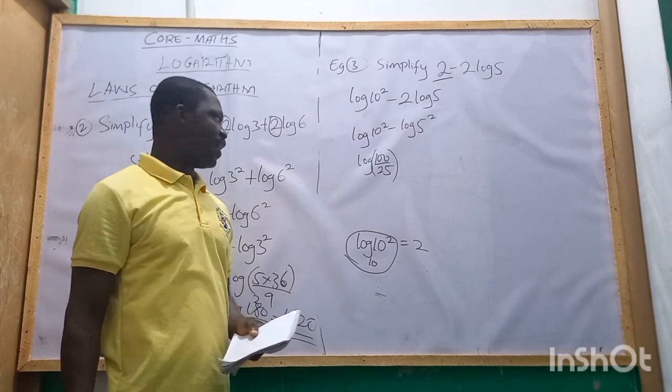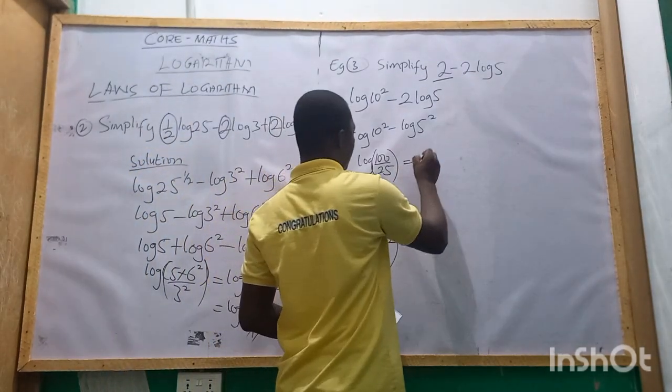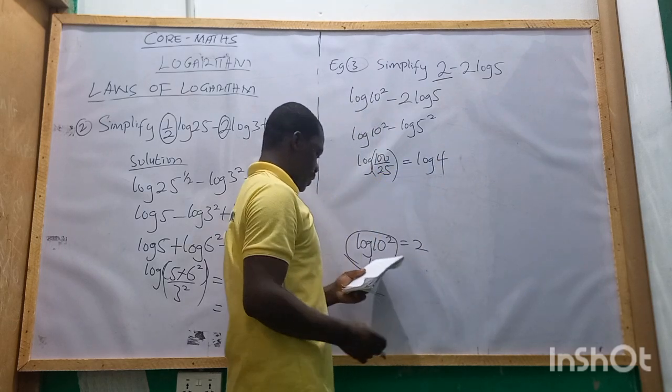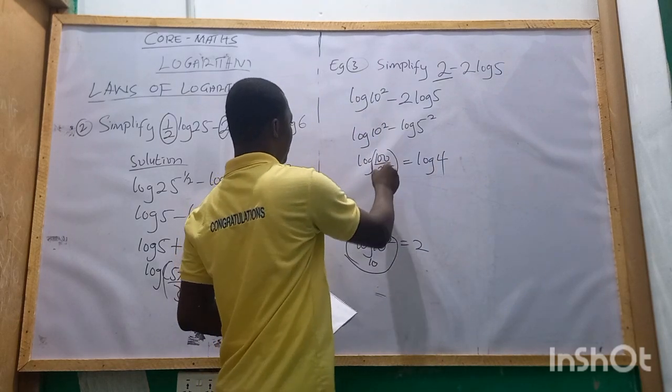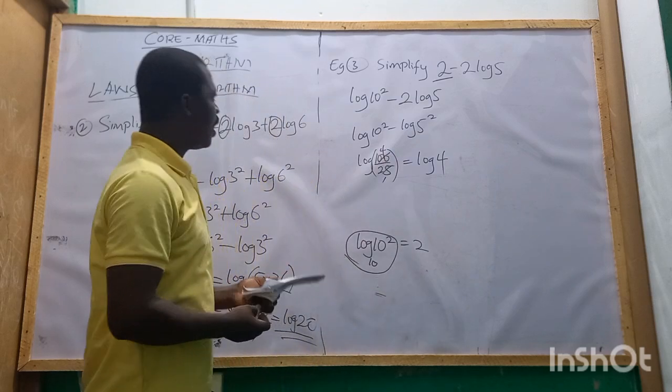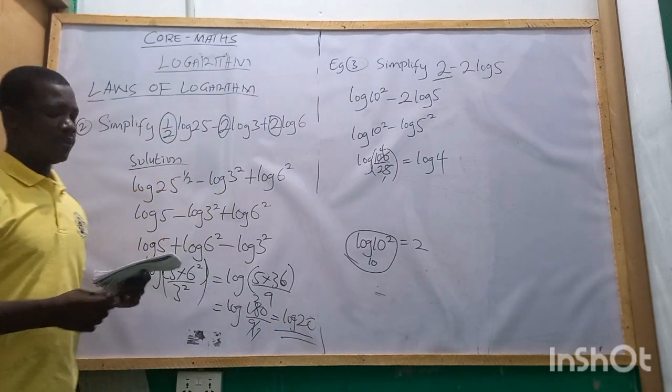So you divide, which I'll get log what? 4. Right, because 25 divides itself 1, and 25 divides 100 what? 4. So that's how far we have.